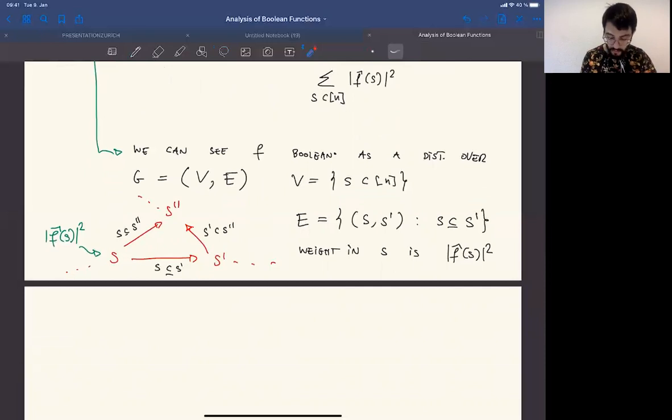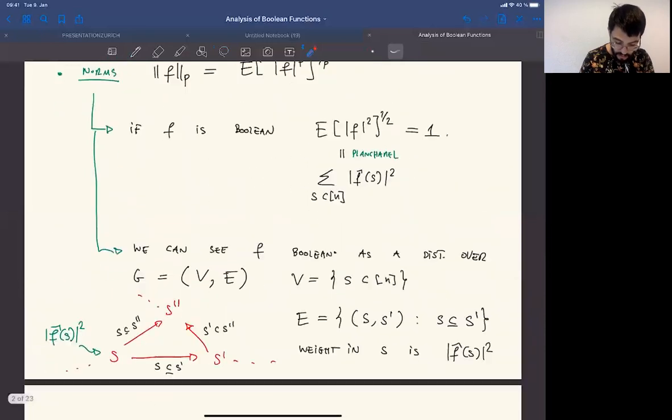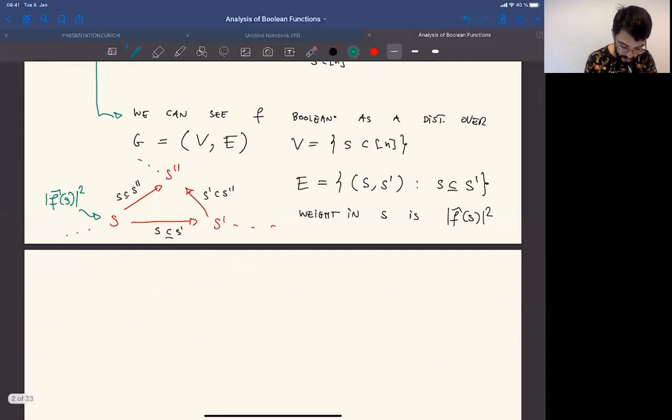Let me define other probabilistic notions. These are norms. Let me define variance. What's the variance of a function f?